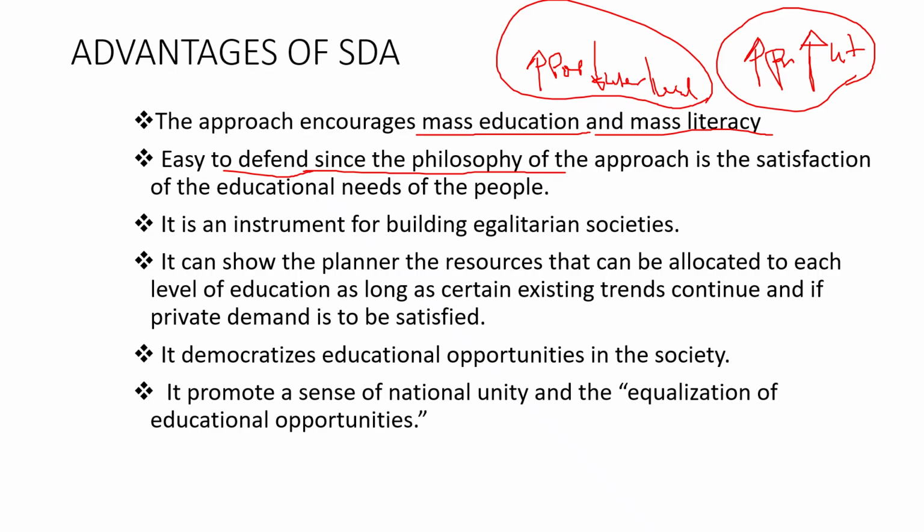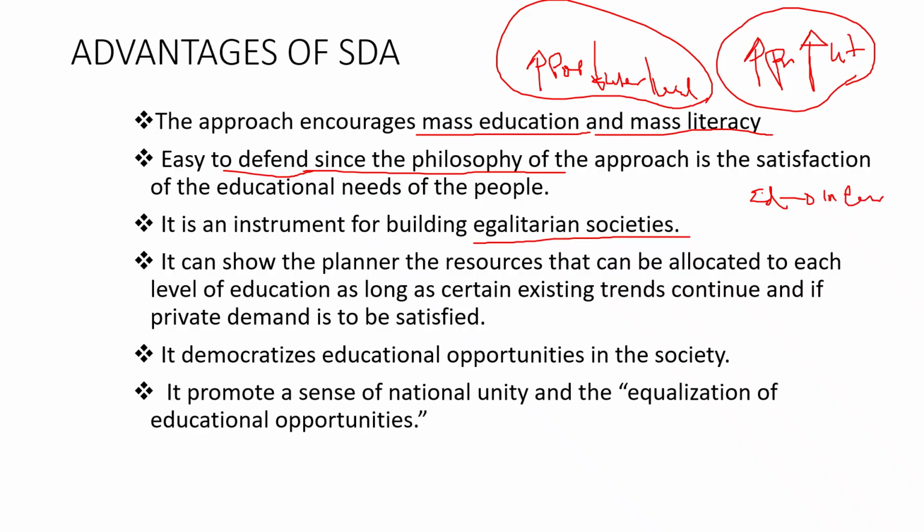Thirdly, it is an instrument for building an egalitarian society. We can build loyalty and a society of equality if we implement this, because one of the agents dividing the population is education. Education is tied to income earning.